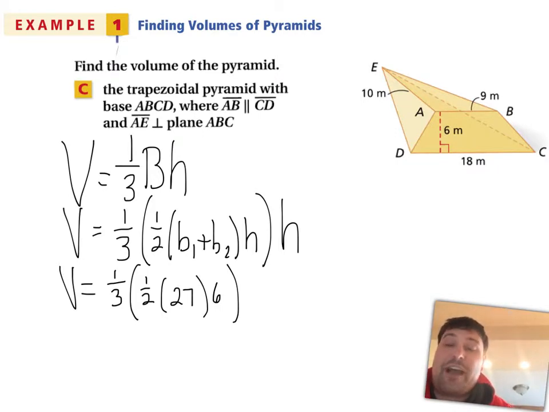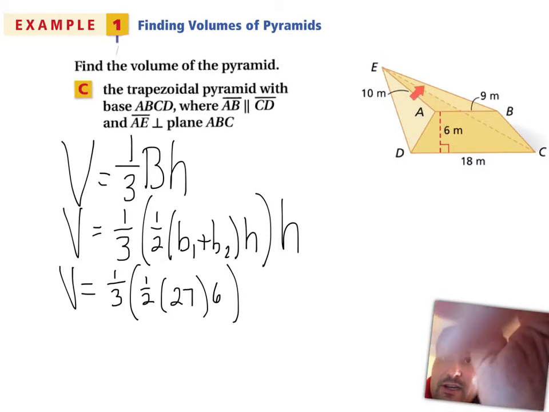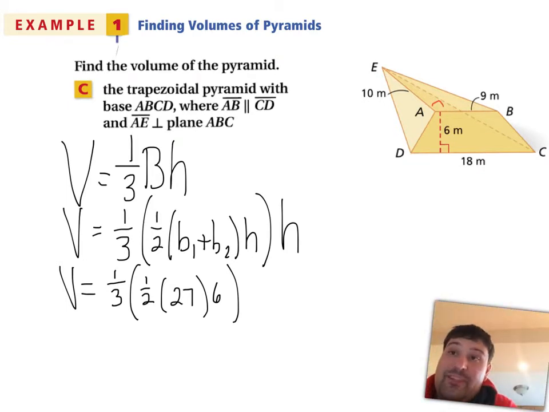So how do I find it? Well, for the height of the figure, we have to find where it is perpendicular. It says AE is perpendicular to the plane. So AE, which is right here, is the perpendicular, which means it's the altitude.